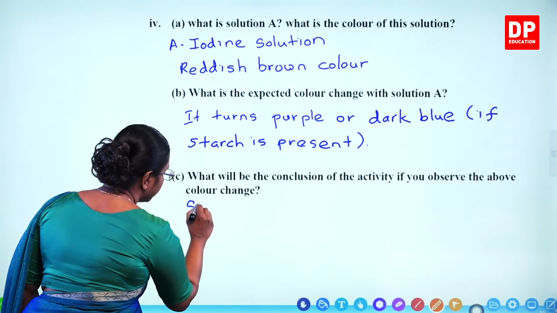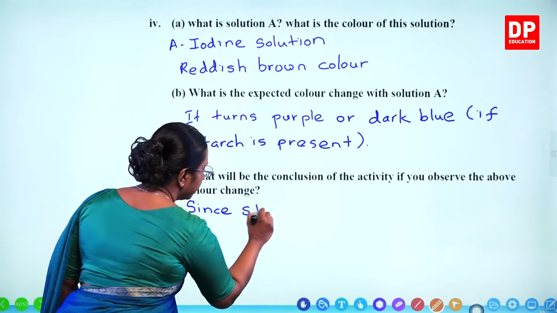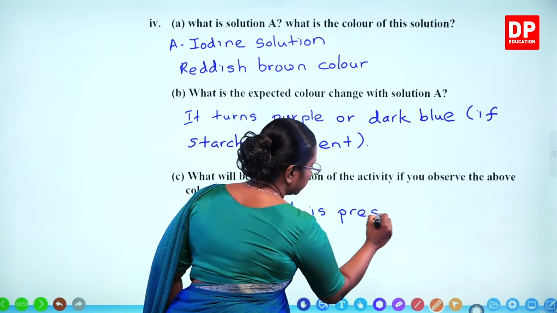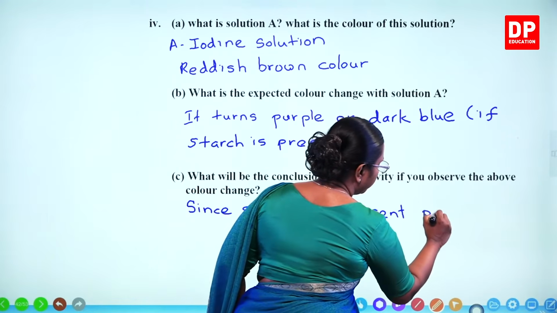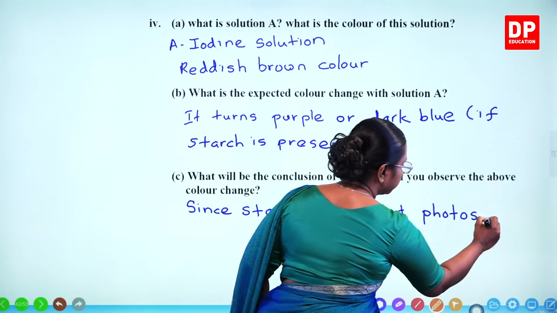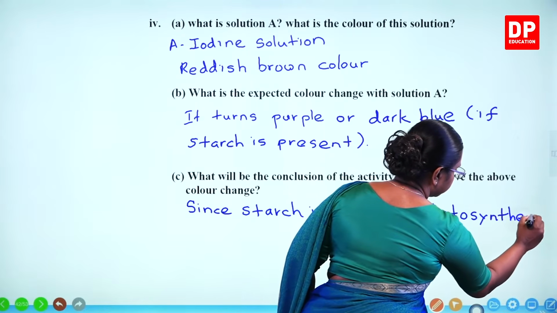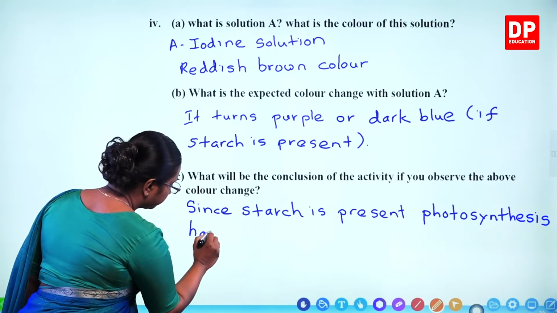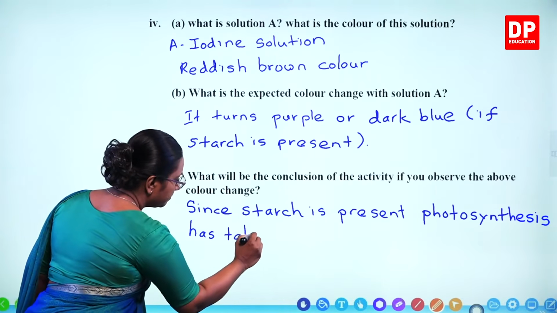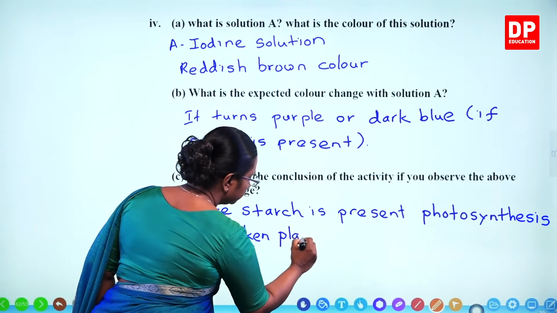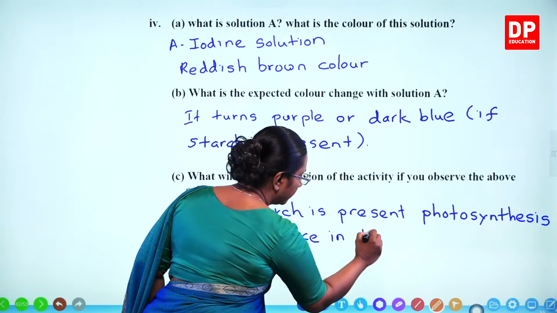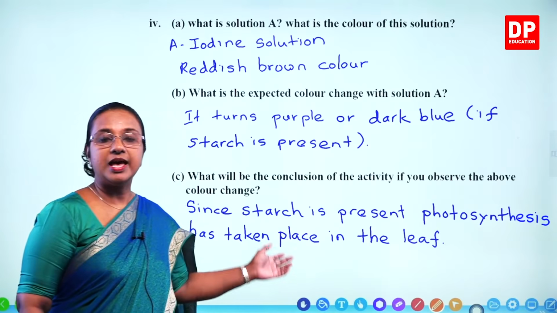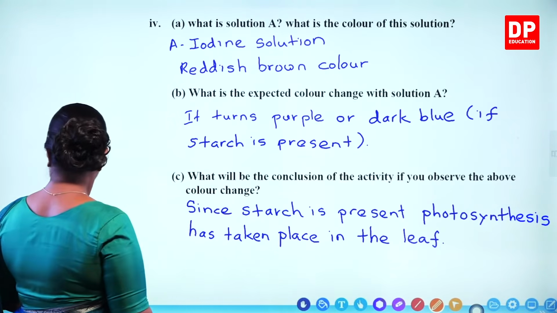So here conclusion will be, since starch is present, photosynthesis has taken place in the leaf. So that is the answer. Next question.